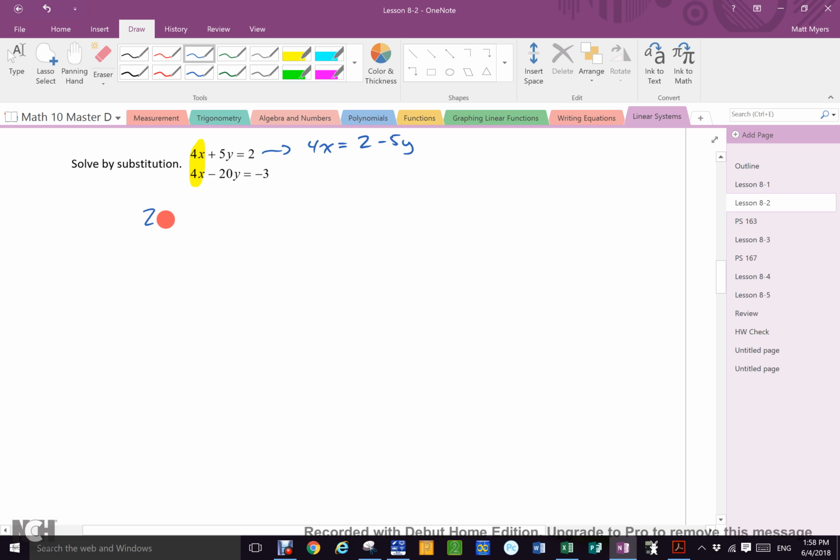So 2 minus 5y minus 20y equals negative 3. Now I solve. 2 minus 25y equals negative 3. Negative 25y equals negative 5. y equals 1/5.